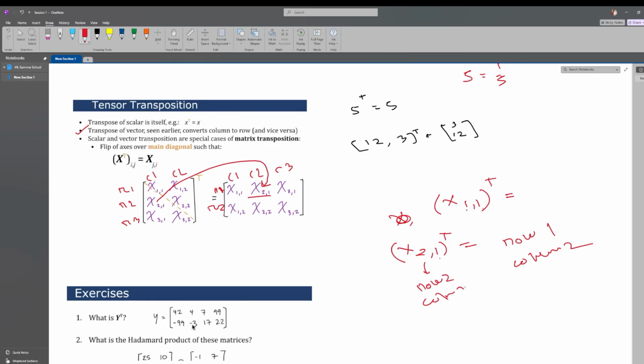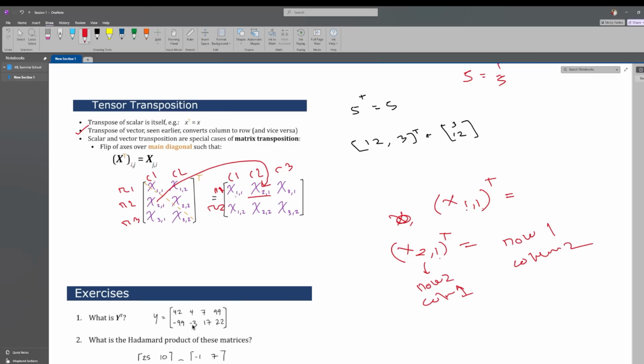That's it. This is not how we should normally represent rows and columns, but it shows you where it flips and where it went. Simple as that.